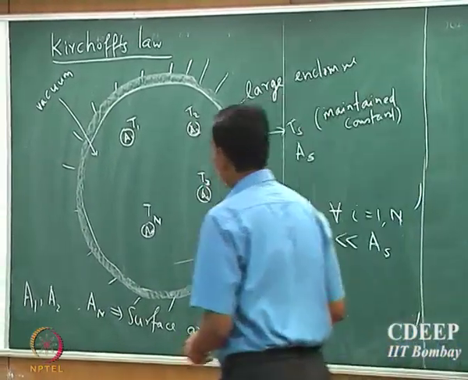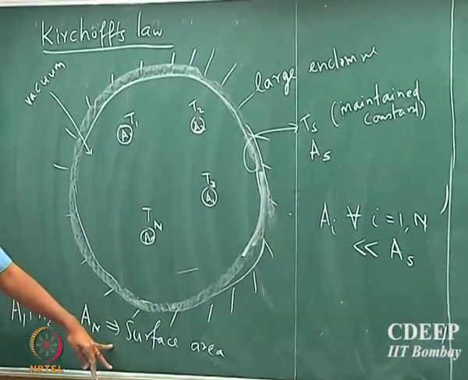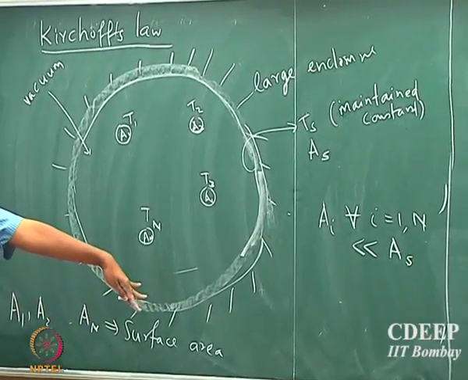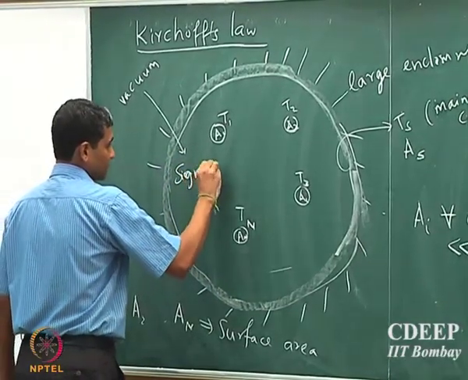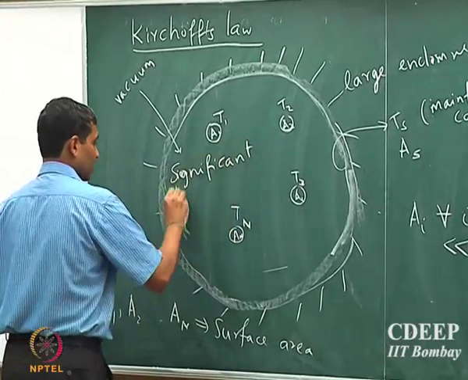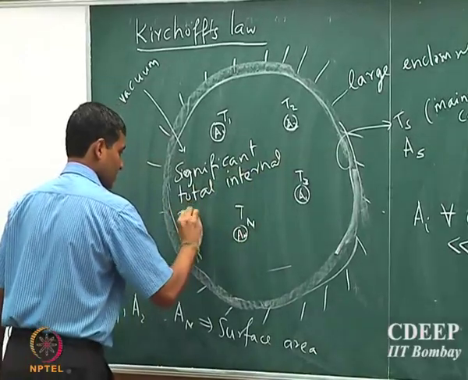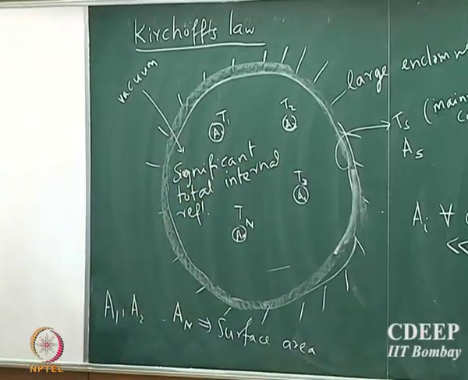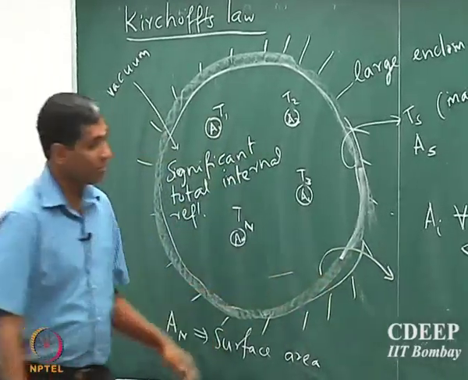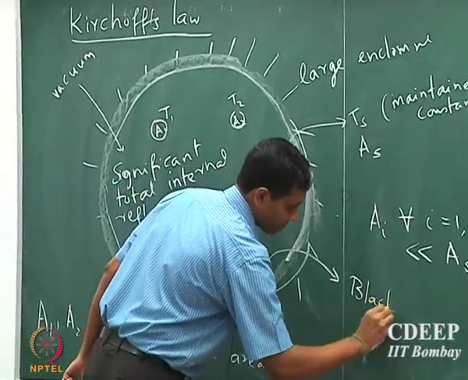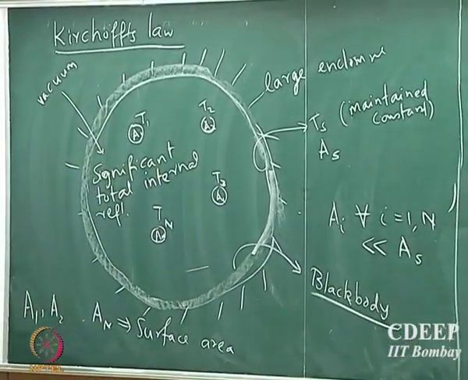Because the surface area of all the objects we have considered is significantly smaller than the surface area of the enclosure, there will be significant total internal reflection inside the enclosure, and therefore the inside surface of this enclosure is going to behave like a blackbody. That's a fair assumption to make.